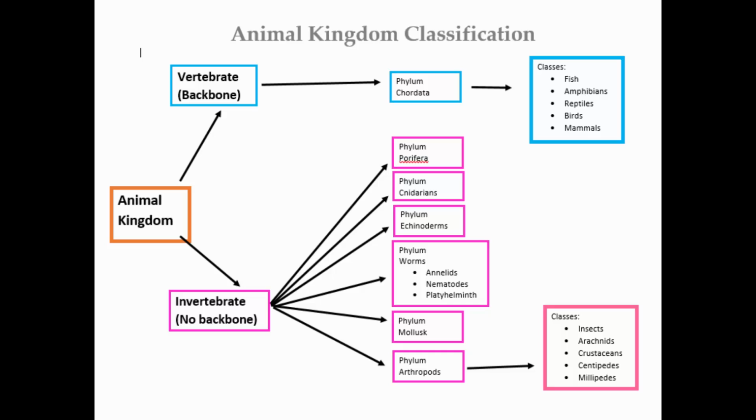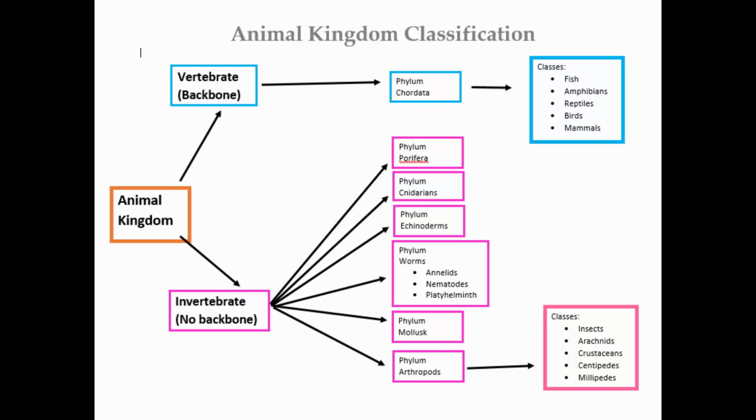So let's just look at an overview before we get into some details. All animals in the animal kingdom, we can split into two broad categories: the invertebrates and the vertebrates. For the invertebrates, there are many phyla.